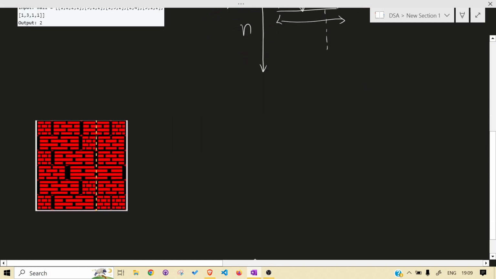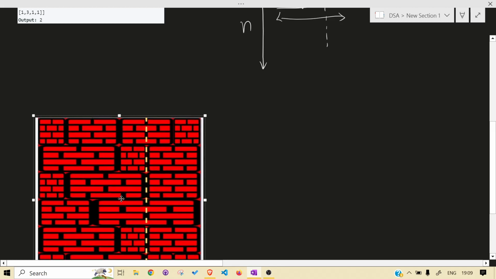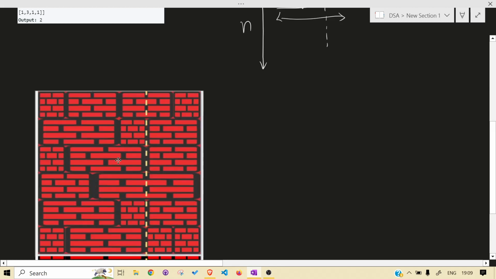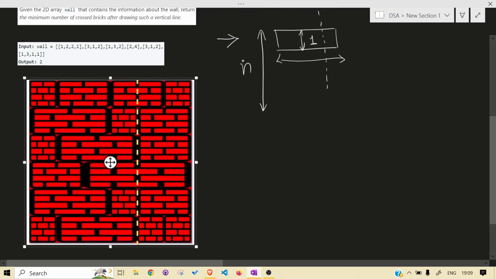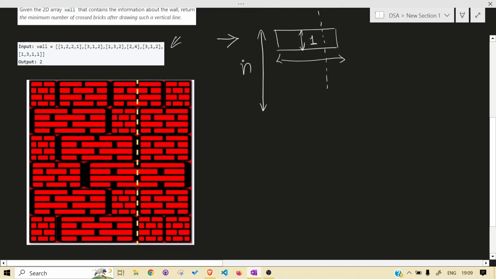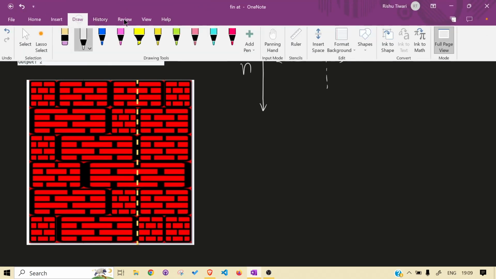So let's see an example and try to understand. As you can see, this is the test case image.